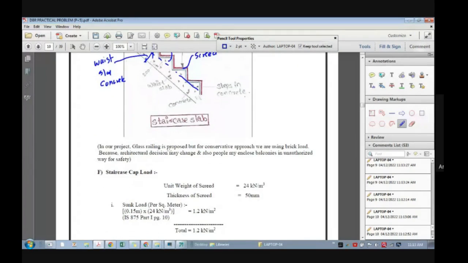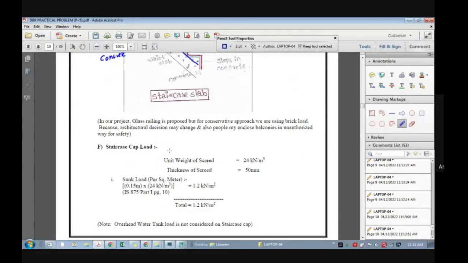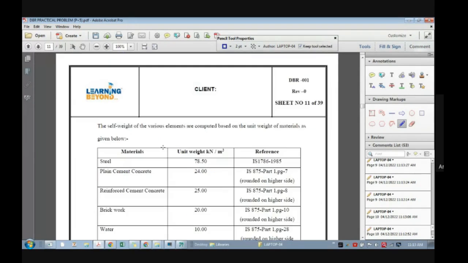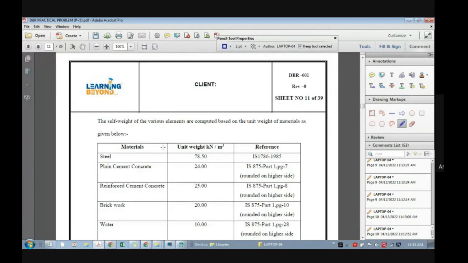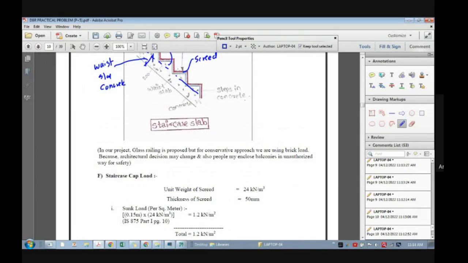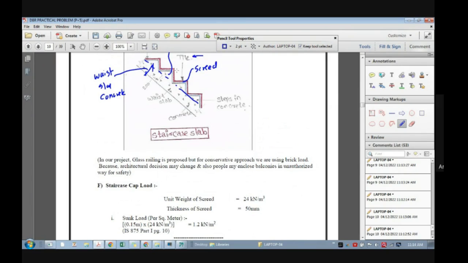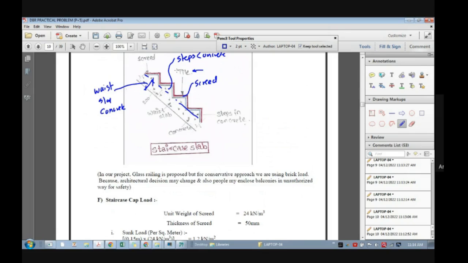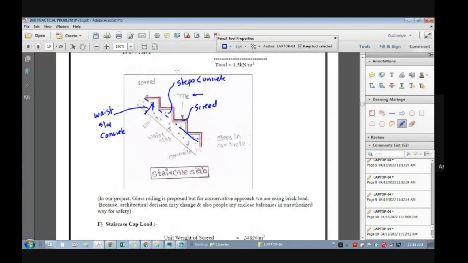Then staircase cap load will be there. If there is a sunk, you can put the staircase cap load also in this. Now, all of you know that whenever we do the analysis in software, we need to put all these loads on the beams, right? So if you don't know what type of load we are taking and from where we are taking, then how can you do the analysis of any structure? That is the reason we should prepare the DBR.